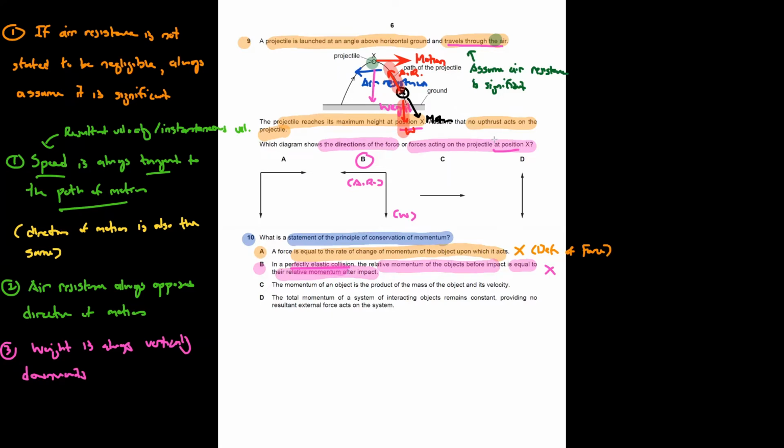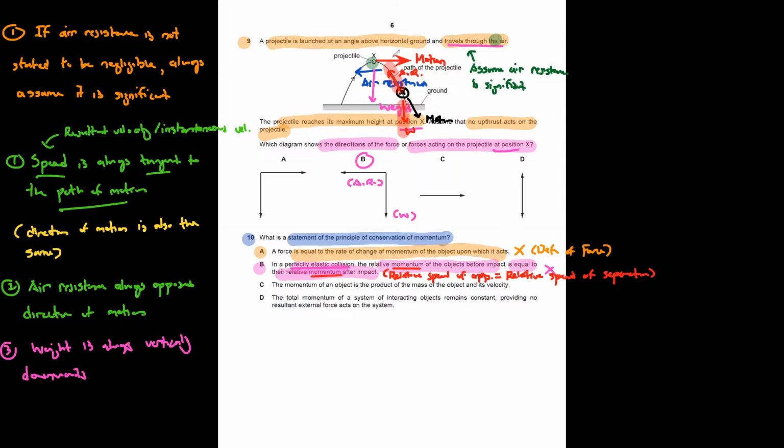So what is wrong about this statement here is the fact that they talk to you about relative momentum. It should be relative speed of approach equals relative speed of separation. Okay, that is for B. All right, they use the wrong term here.